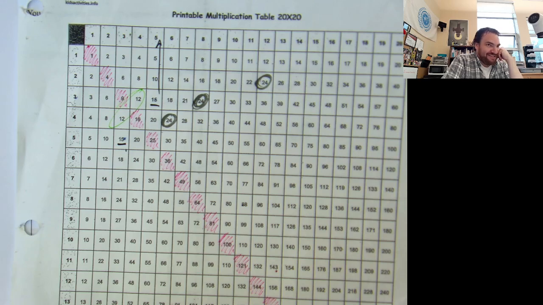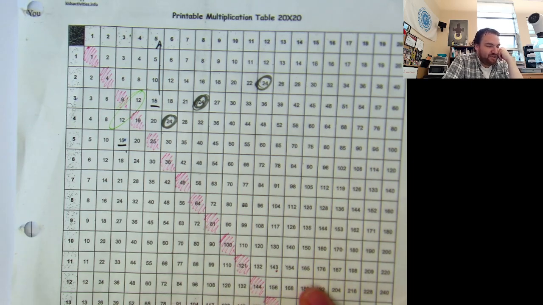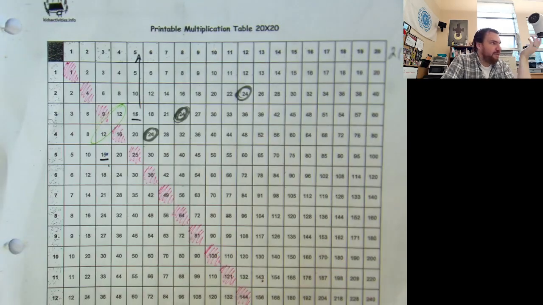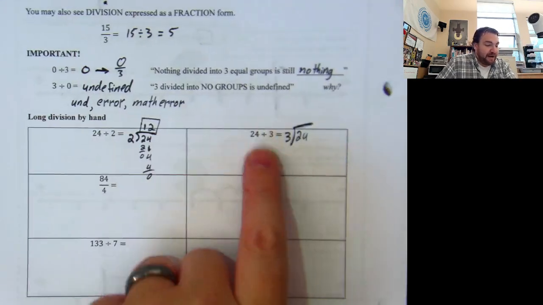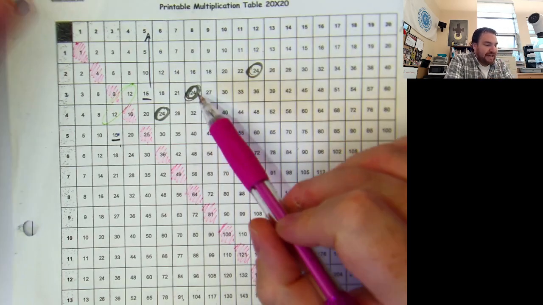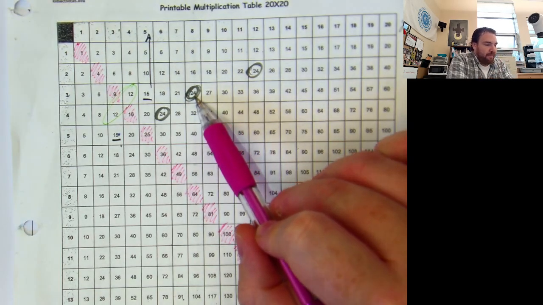The short answer is yes, but no, that's not how you want to justify this. Which 24 do we use? We found a bunch of 24s. What are we dividing 24 by in the question? 3.